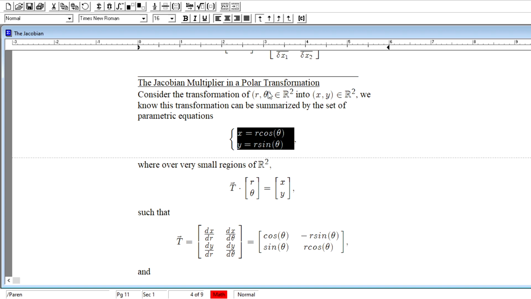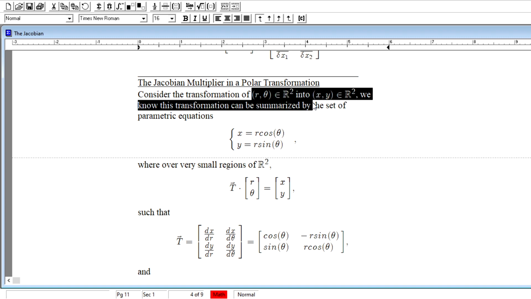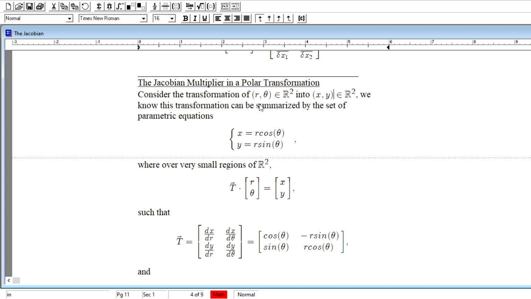So the transformation we're going to consider occurring in the above way, from r comma theta into x comma y, where in that description of the transformation, we do want to think of the parameterization between x and y and r and theta having this relationship.